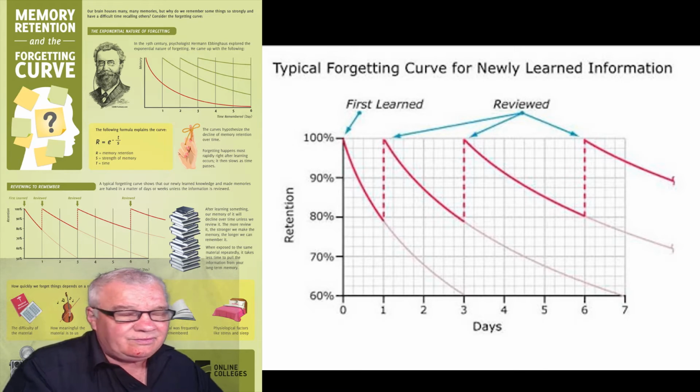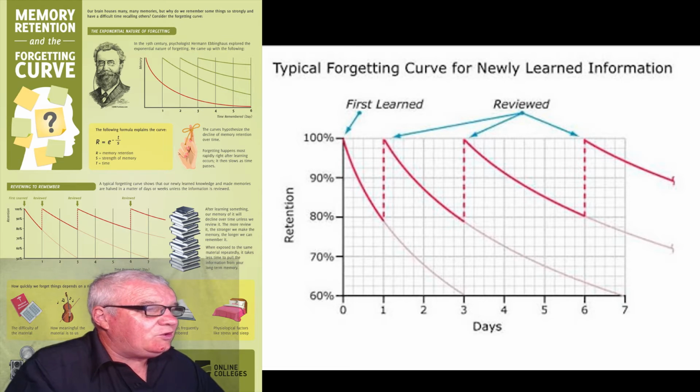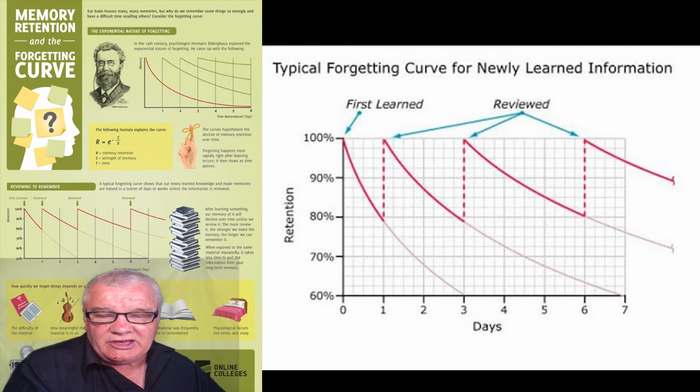The Ebbinghaus forgetting curve. Professor Ebbinghaus did some studies with people in the early 1900s with regard to learning. He gave them quite simple tasks to learn and then checked how much of that information they retained.